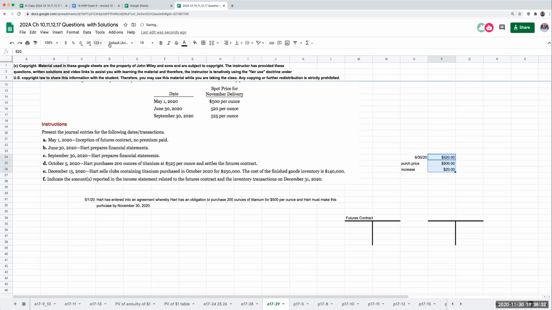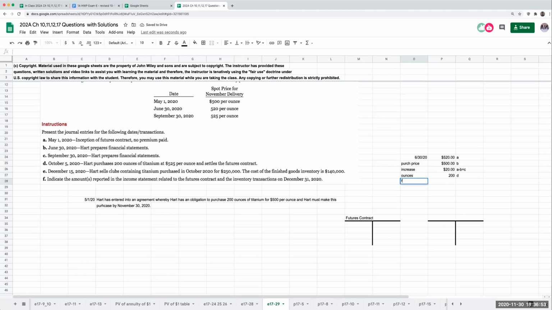So what I'm going to do is multiply this increase by the ounces. We'll call this A, B, A minus B equals C, and D will be the ounces of 200.